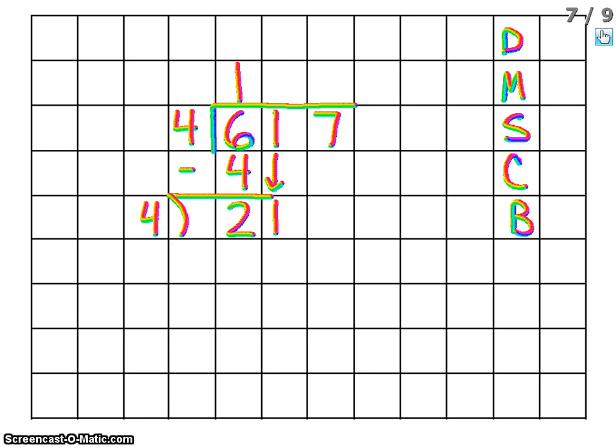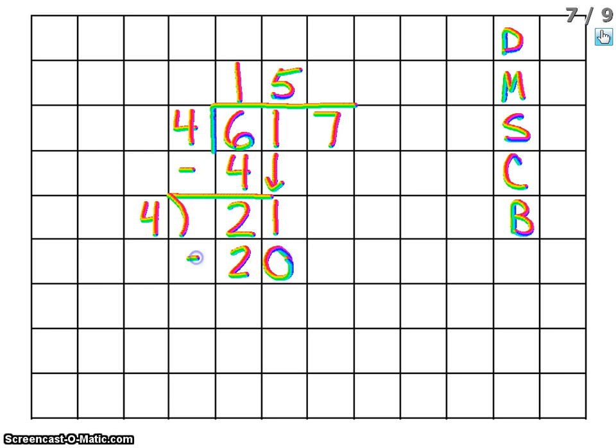What times 4 is really close to 21 without going over? I would say 5. Then we multiply 5 times 4, which is 20.